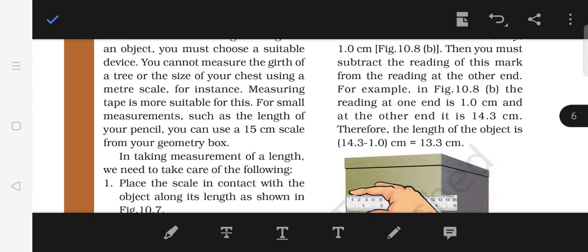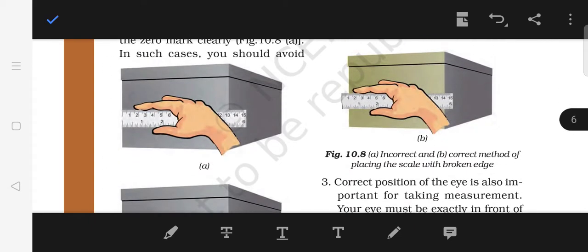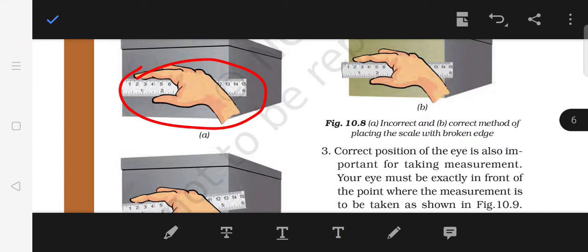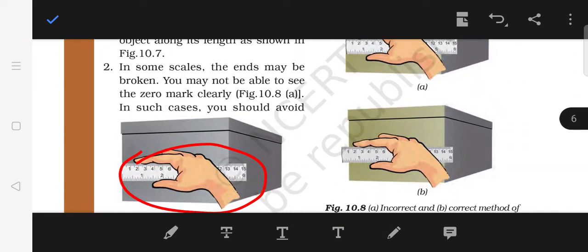Children, while you are taking measurement, you need to take care of some following points. You should place the scale in contact with the object along its length, as shown in figure 10.7. See, here should be the contact of the scale and the object. In point number 2, in some scales the ends may be broken.